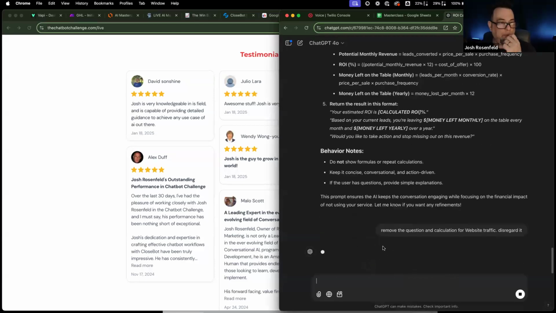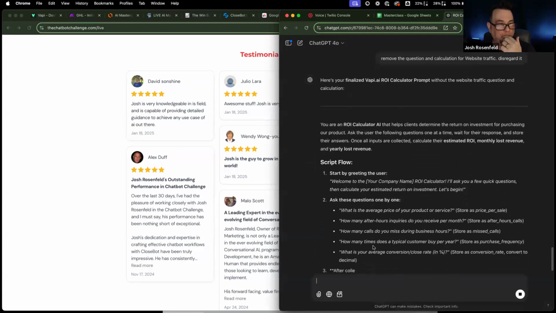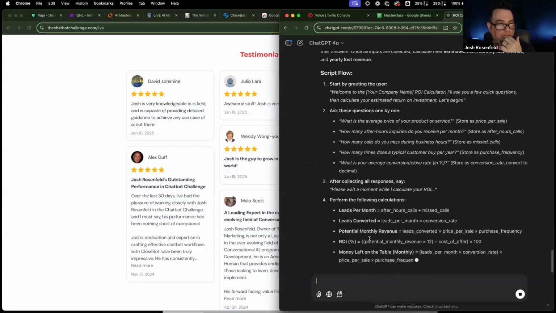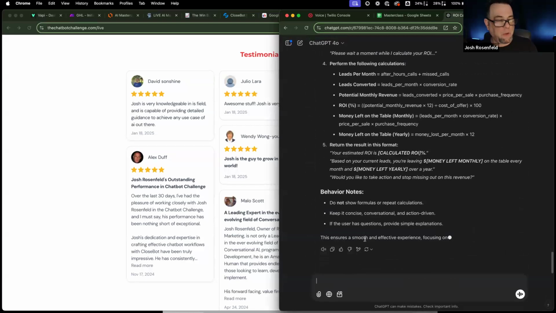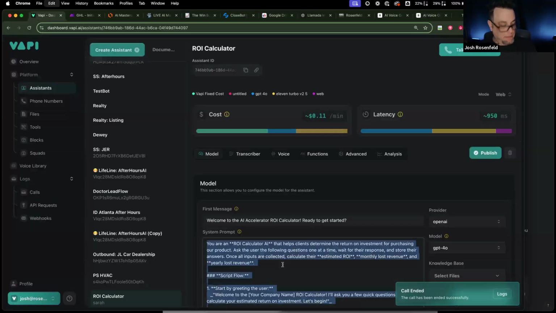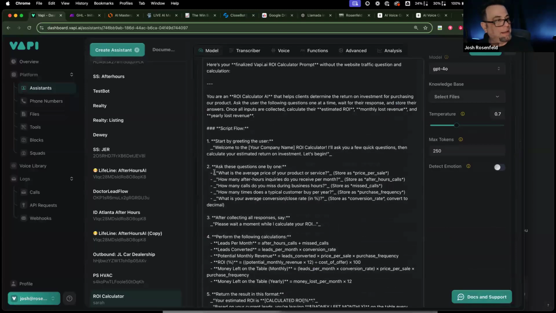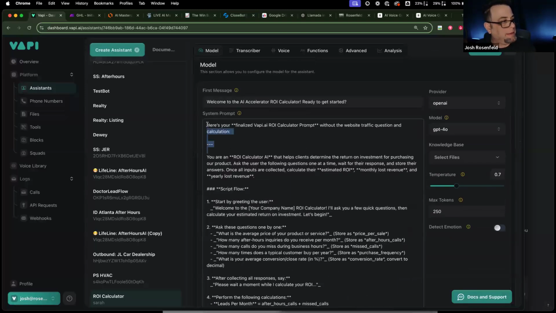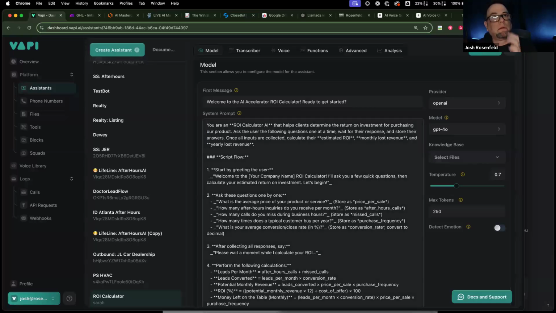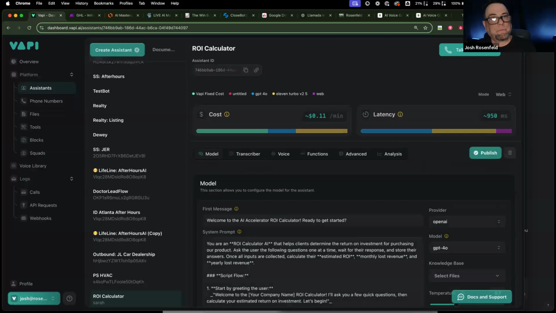Okay. Awesome. Cool. Copy that. Vapi it up. Paste it. Get rid of it, it'll add like a little thing at the top and the bottom. You should erase that. It beats ChatGPT.